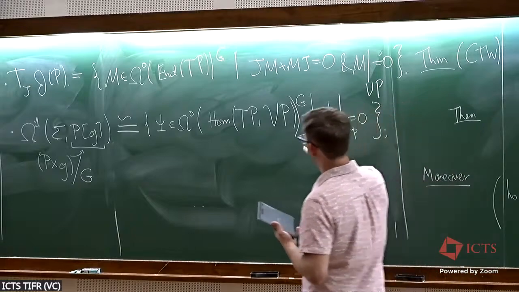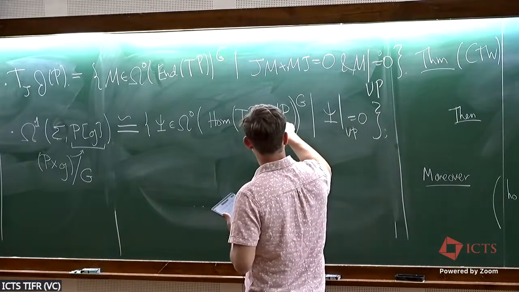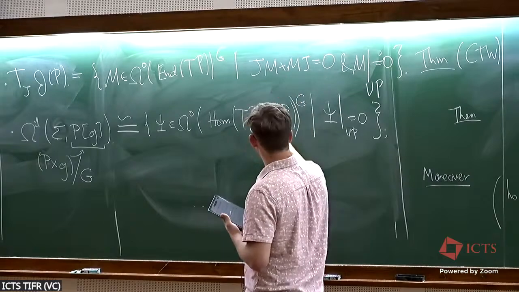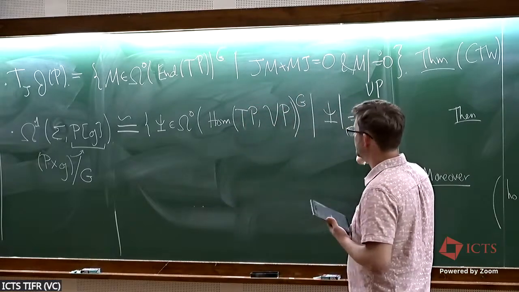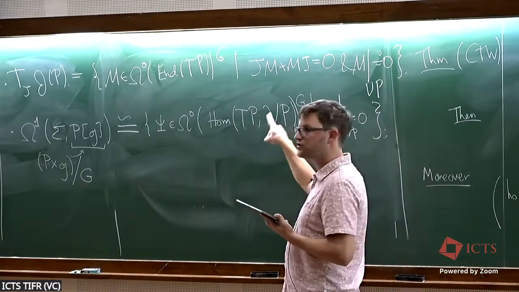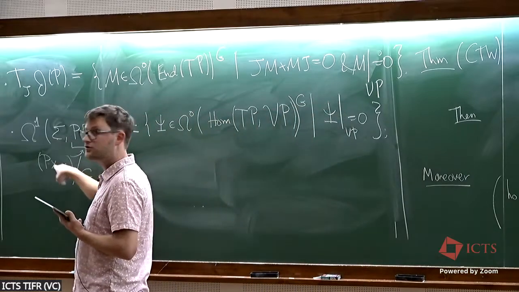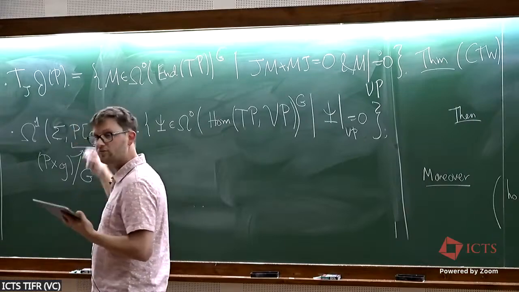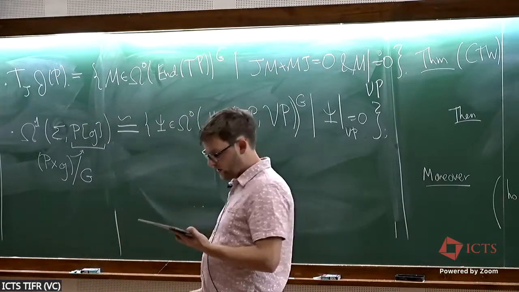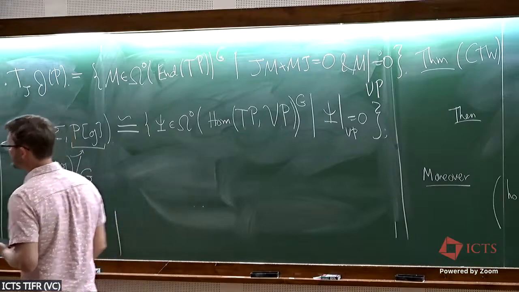Being equivariant, valued in the vertical bundle, and vanishing on the vertical bundle is the condition you need for it to descend to something on the surface. And when you do, you get a section of this vector bundle.